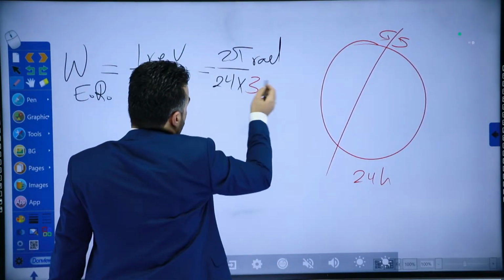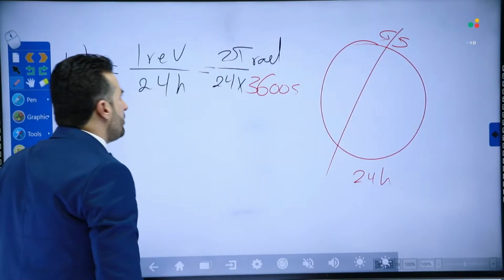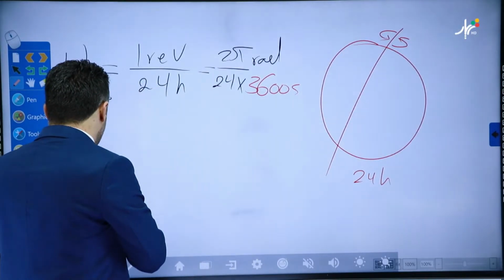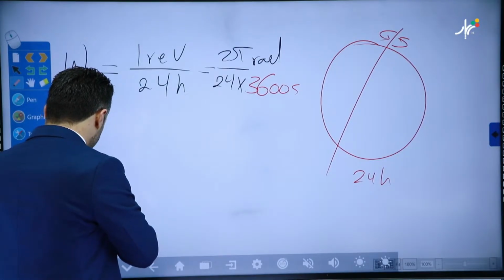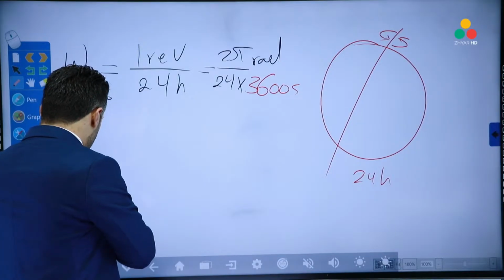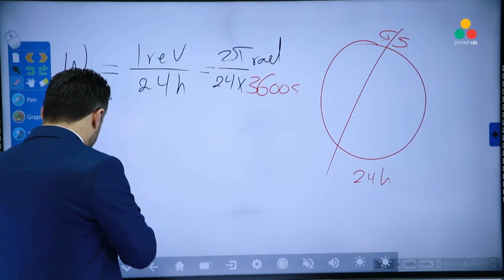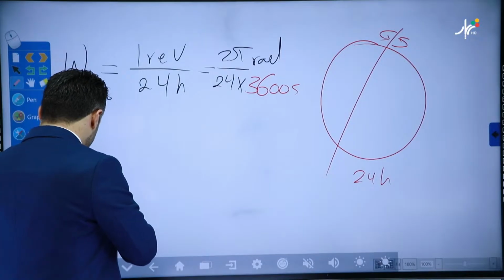You multiply and simplify and then divide. Let's see if we can convert this to scientific notation. All right, so we can give you this.